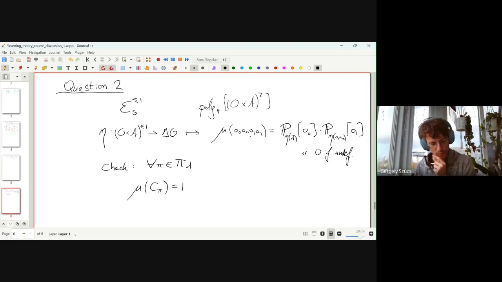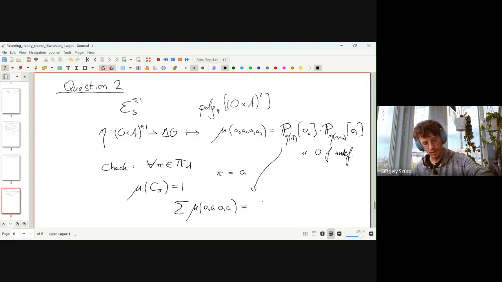So maybe we could write down just one example. Let's say the policy is something that always outputs action A. In this case, we'll be looking at the sum of mu O0 A O1 A, which under this definition is a sum over O0 and O1.